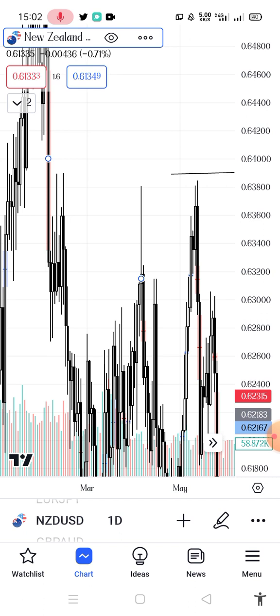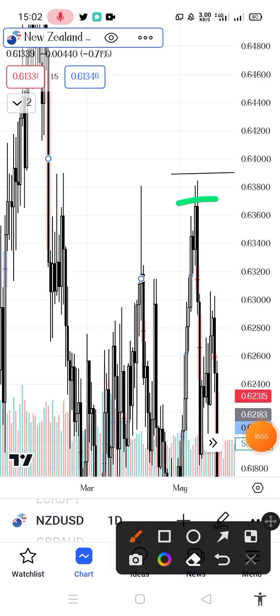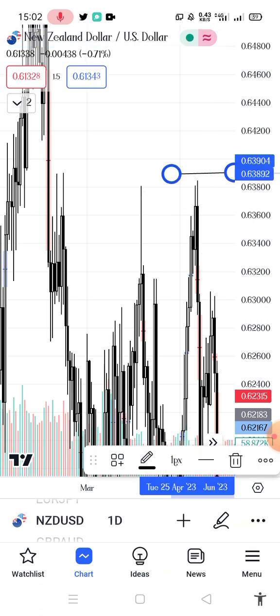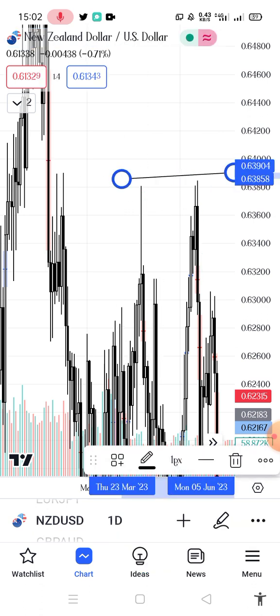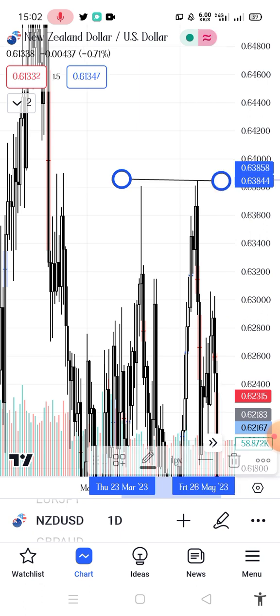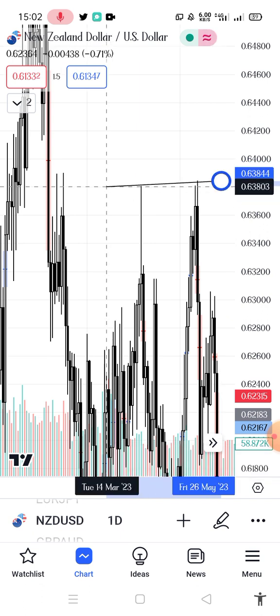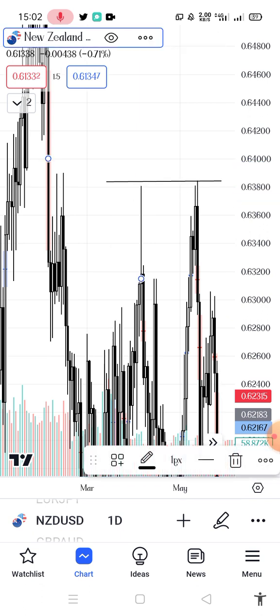When you look at these two lines here, you can see this is higher than this, right? Let's use this trend line to check. You see, it's higher. Can you see?